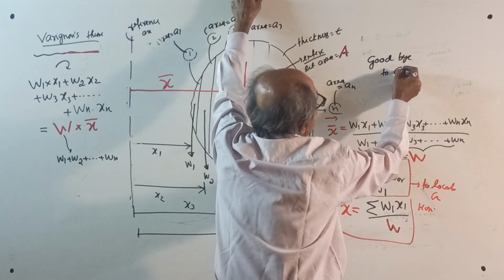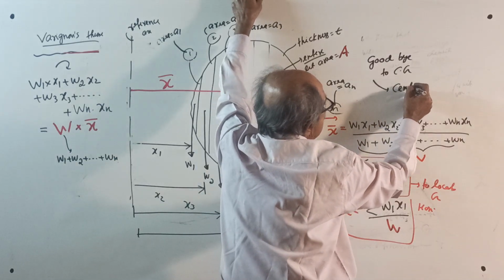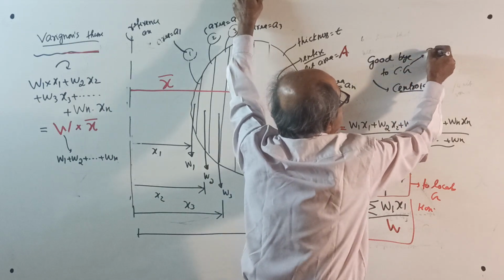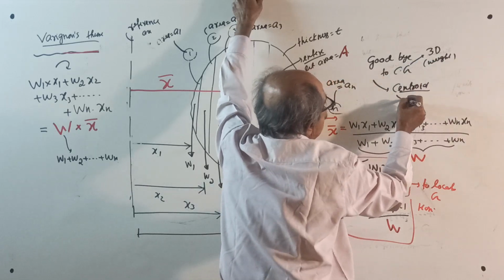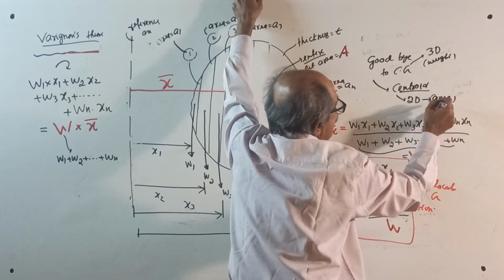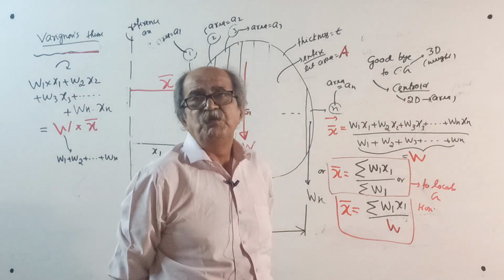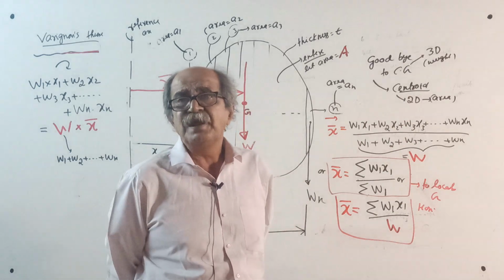Now we will go to centroid. Center of gravity is for 3-dimensional, where weight is considered. Here, for 2-dimensional, area is considered. When the entire body's weight is considered, it is technically the center of gravity.